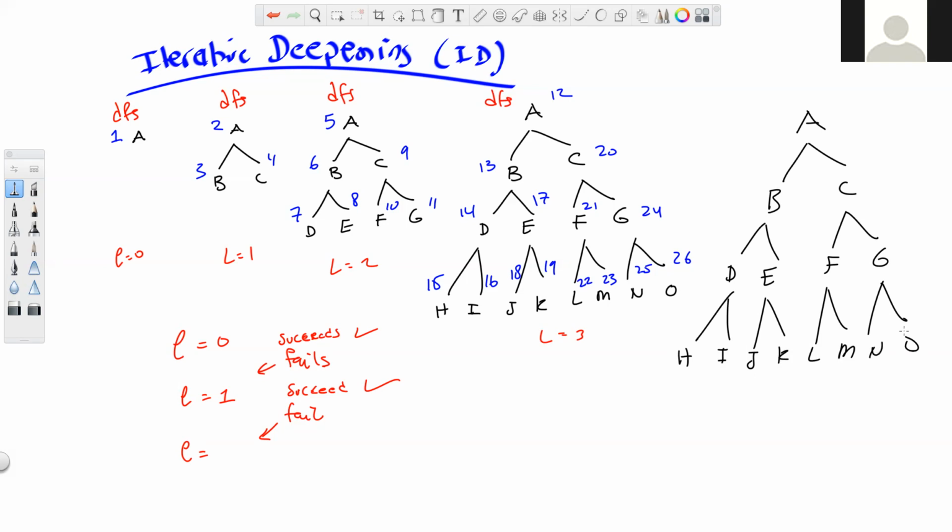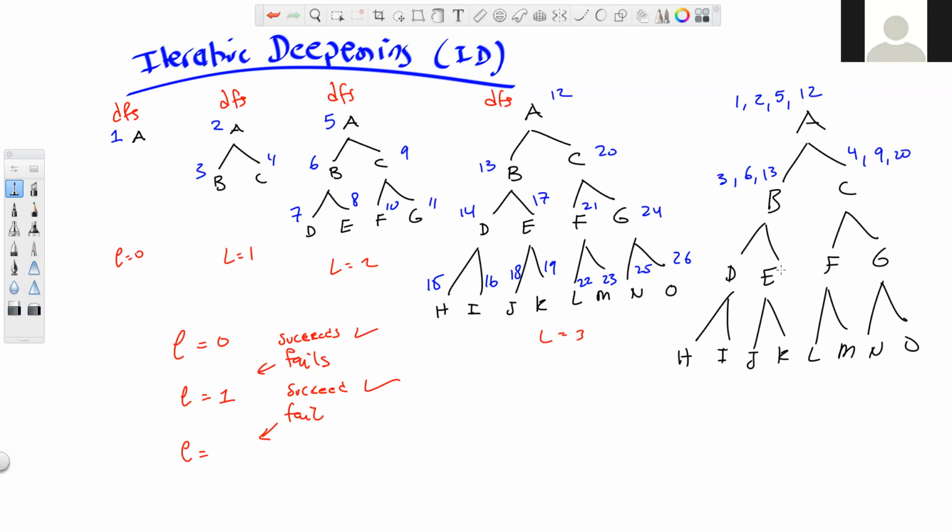So if I give you this guy and I say number nodes according to the order of expansion by iterative deepening, you're going to end up putting here the number 1, 2, 5, 12, and next to B you're going to have the numbers 3, 6, 13. You get it, guys? So this guy will be 4, 9, 20, and so on.